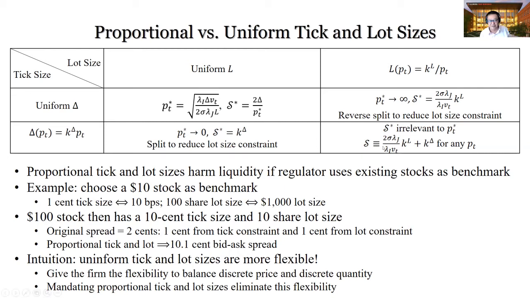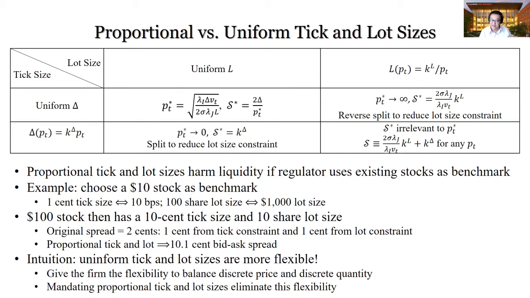If you have uniform tick size, then firms should do the reverse. But let's think about the other benchmark, perfectly proportional tick and lot sizes. What should the firm do? The firm should do nothing, because no matter whether it's a split or reverse split, it's the same.